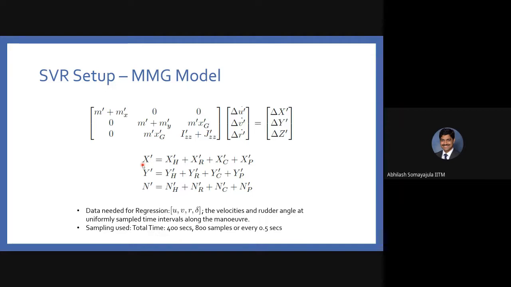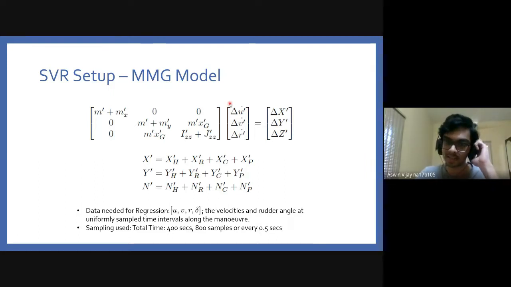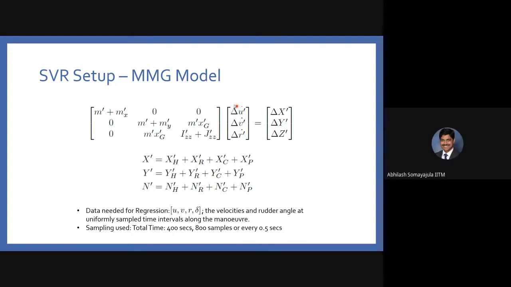What is delta U and delta X? Why do you have the delta here? Delta represents the small increment, because I'm taking discrete values, discrete points. No, you're taking discrete points, but you're still solving the equations of motion, right?